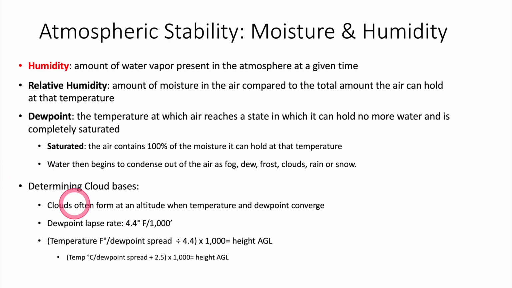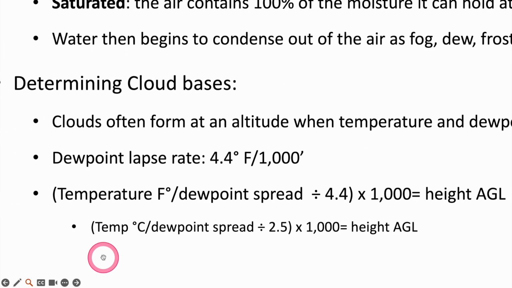And here's a way to determine your cloud base. We'll use Celsius, because most of our weather reports are given in Celsius. So you take your temperature dew point spread, divide that by 2.5, multiply that by 1,000, and that'll give you the height of your clouds above ground.